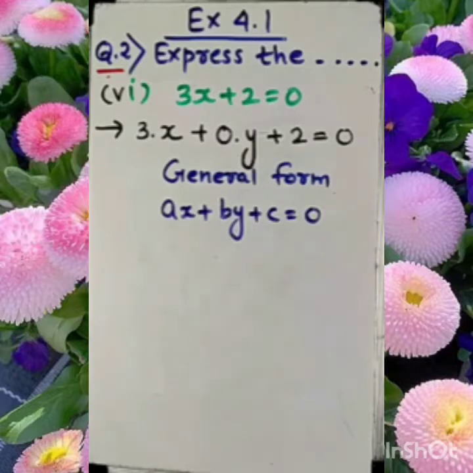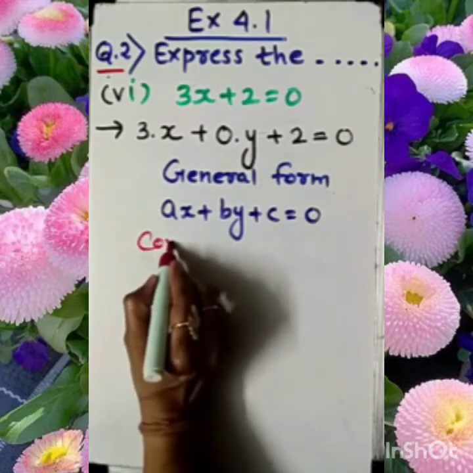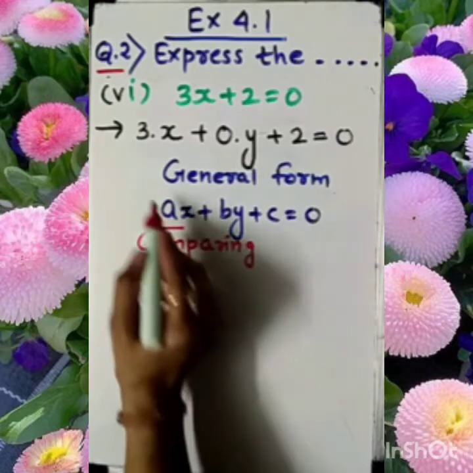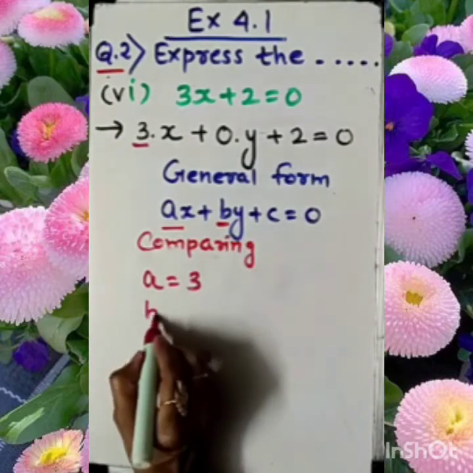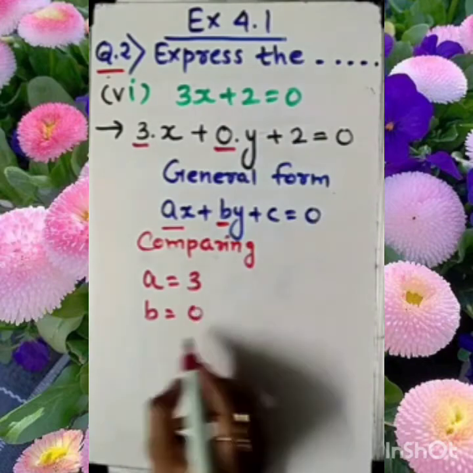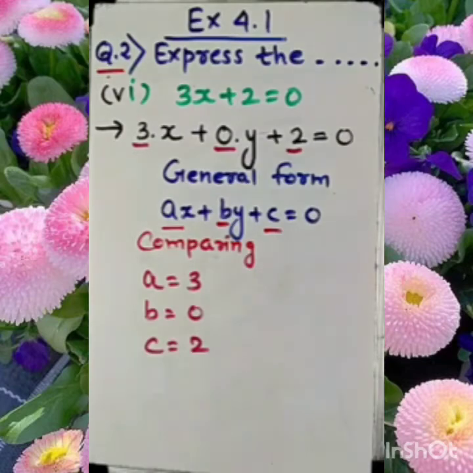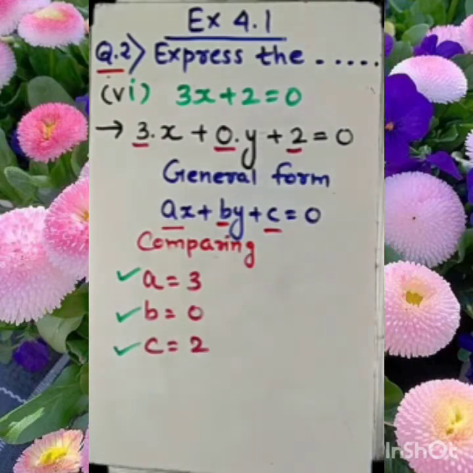So my dear student, if I compare it with that, after comparing, a equal to 3. Agree? The value of a equal to 3, b equal to 0, and what is the value of c? That is equal to 2. So my dear student, here a equal to 3, b equal to 0 and c equal to 2. Let's go with the next.